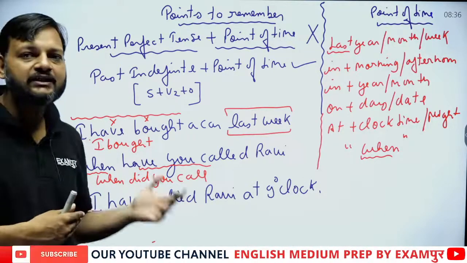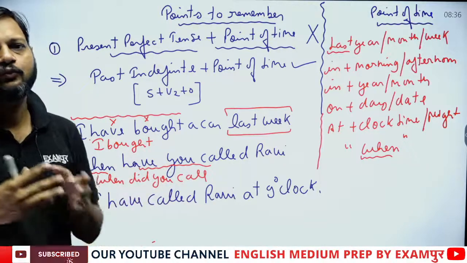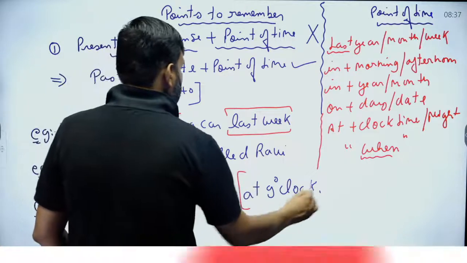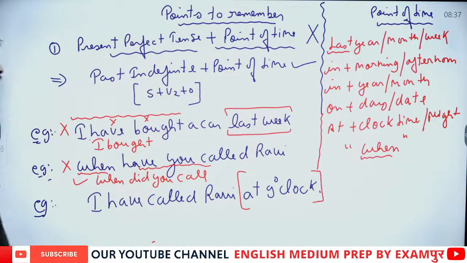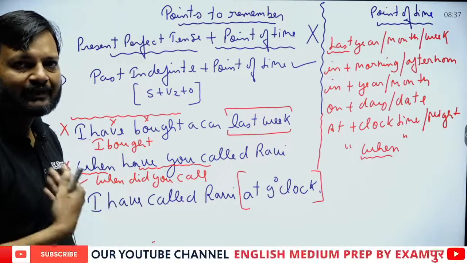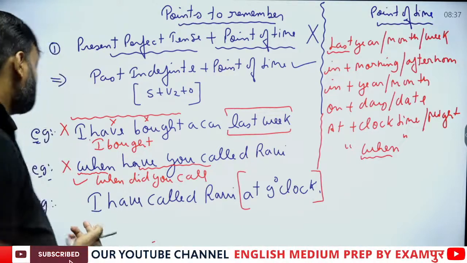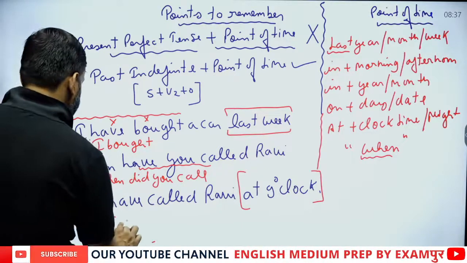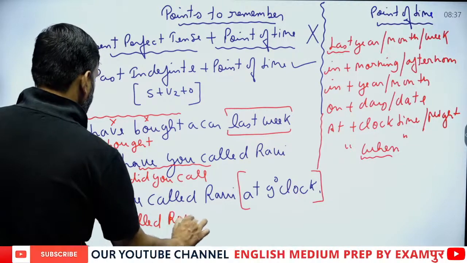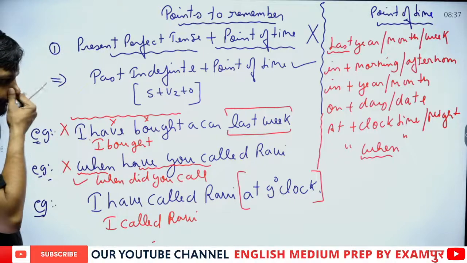Simply I have changed the present perfect tense into past indefinite. Now the third sentence, I have called Ravi at 9 o'clock. So again we have point of time here, and since point of time is not allowed in present perfect, we need to change this sentence into I called Ravi at 9 o'clock.